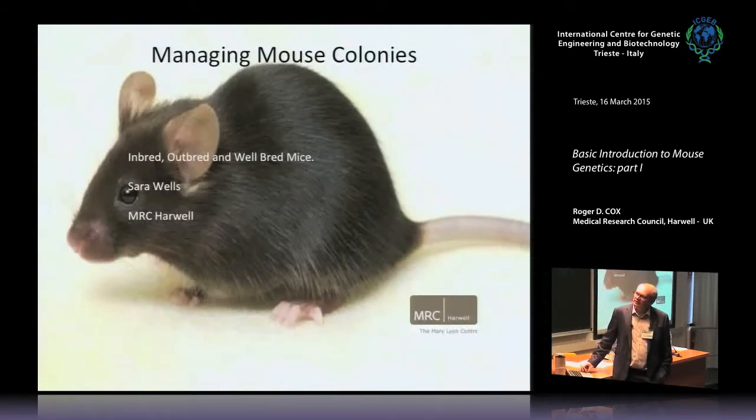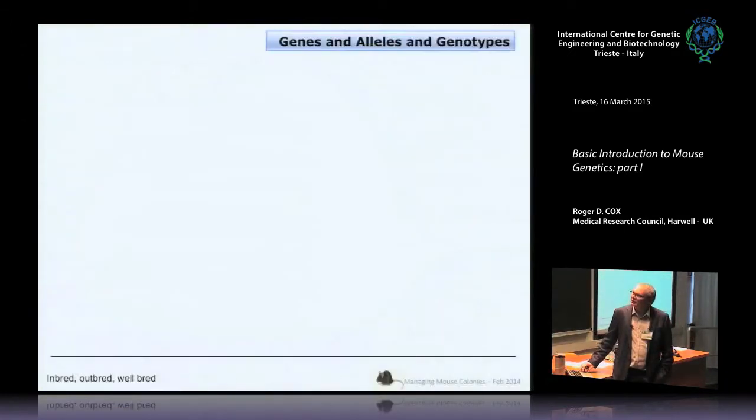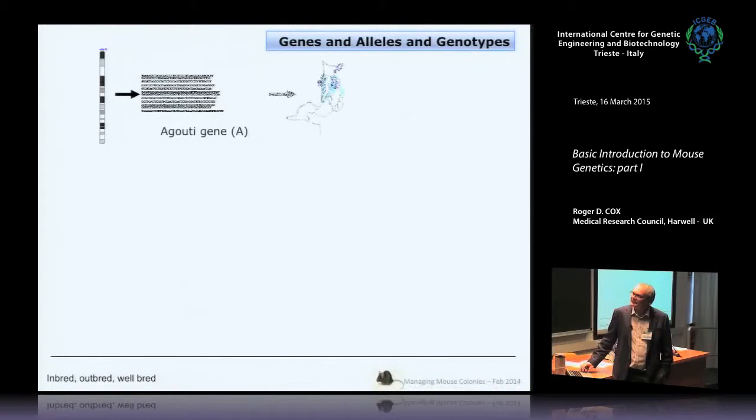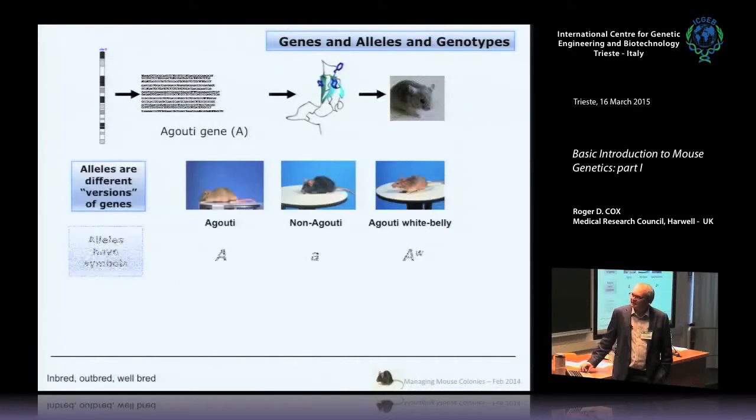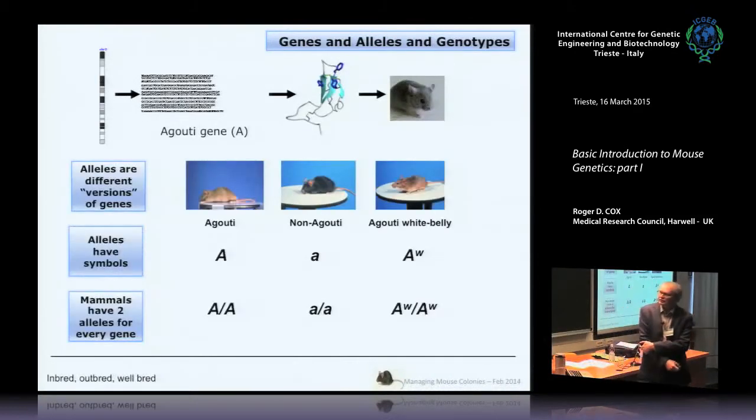As I've said, there are all of these inbred strains, and they differ in various traits. So they have different coat colors, for example, agouti, and the agouti gene has the symbol A. Non-agouti is lowercase a, and agouti white belly has a white spot on its belly.